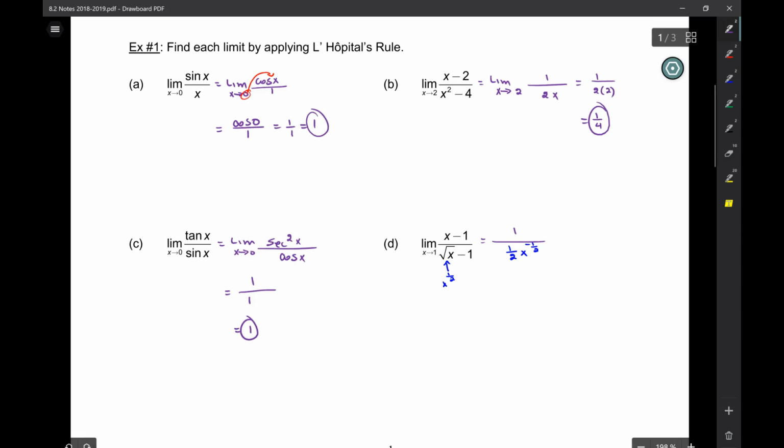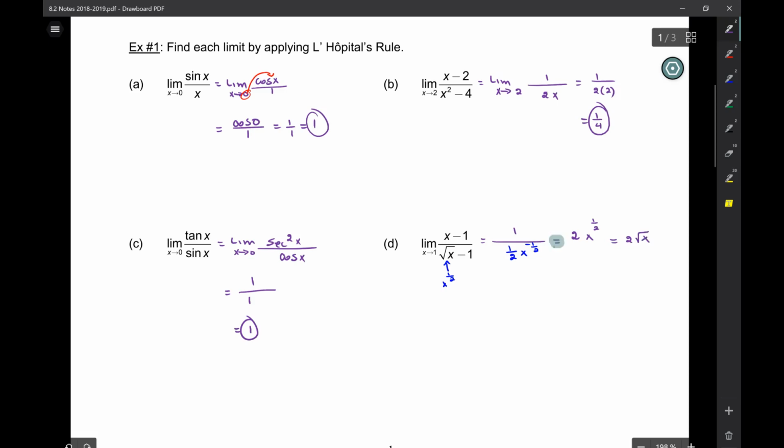Okay, so let's just see what that looks like really. That looks like 1 over 1/2, what does that mean? It's really 2. X to the negative 1/2 is x to the positive 1/2 on top, right? So that's just 2 root x.